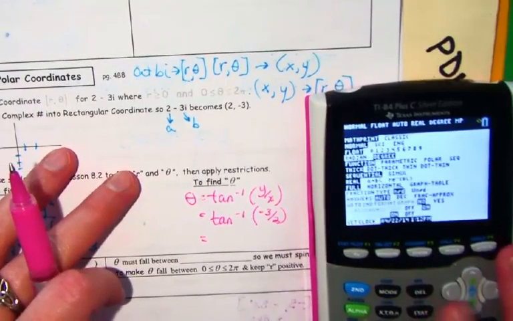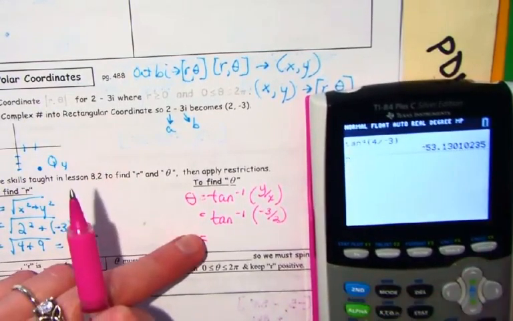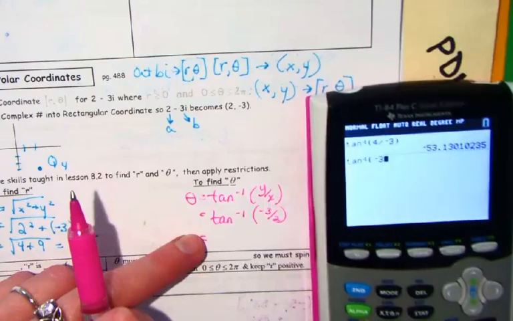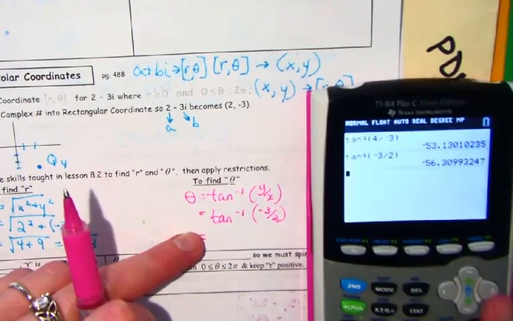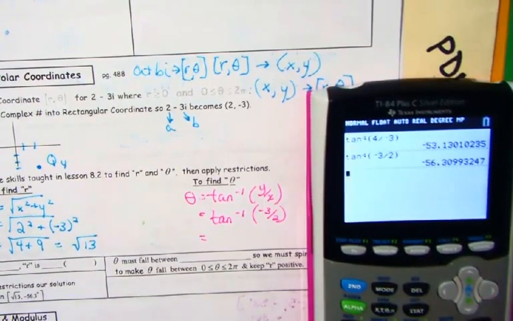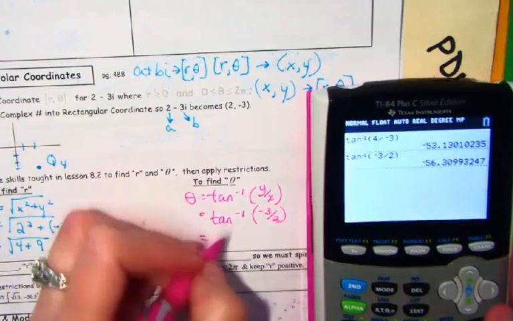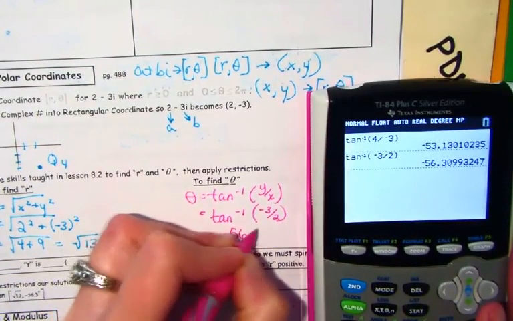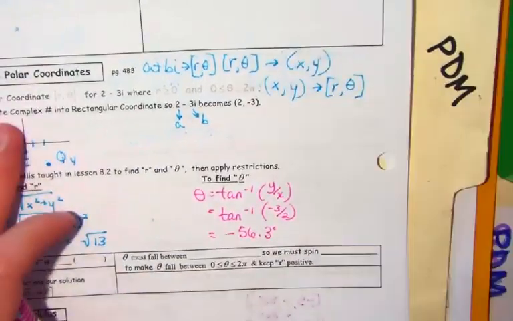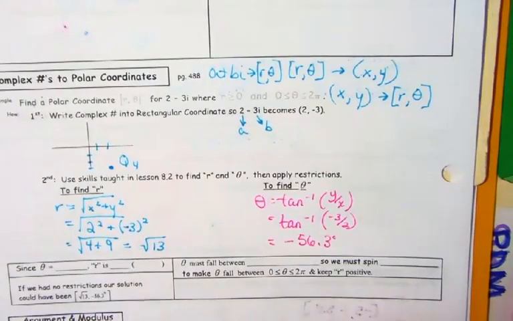I am in degree mode, doing my inverse tangent of negative 3 over 2. My calculator is telling me negative 56.3 degrees. Let's stop there and make sure we have it just exactly right.